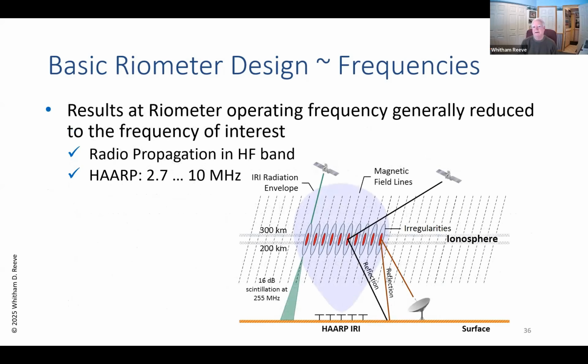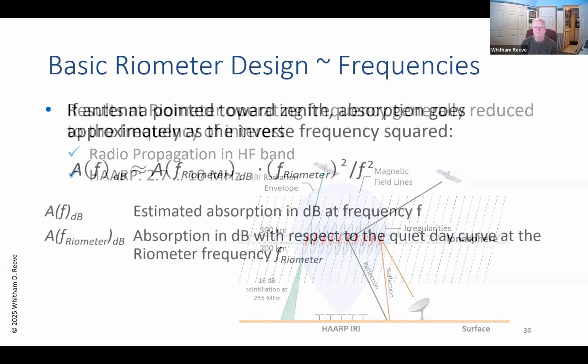And this is really important that even though our riometer operates at, say, 30 megahertz or so, then at HAARP, we need to reduce that frequency down to the operating range of the HAARP transmitter, which is 2.7 to 10 megahertz. So we have to somehow change the data that we see on the riometer to something that's useful in our frequency range.